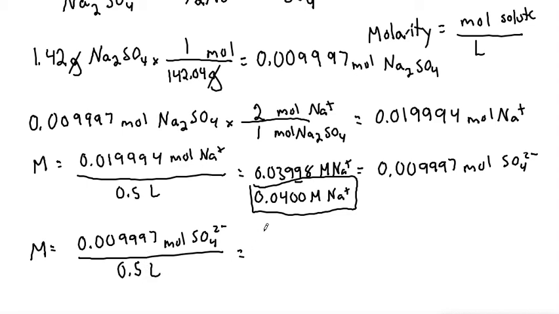And plugging that in, 0.009997 divided by 0.5 is back to this number again, 0.019994. And rounding that to 3 sig figs would be 0.0200 molar of the SO4 2- ion.